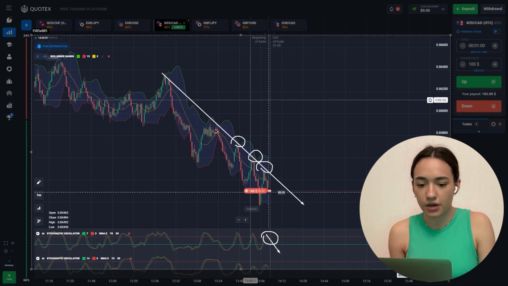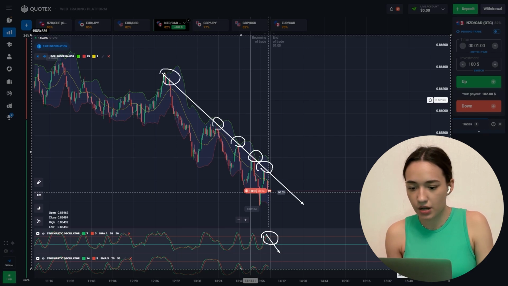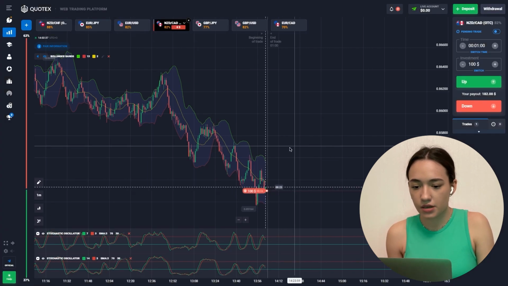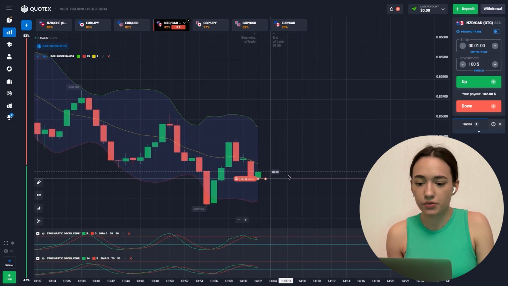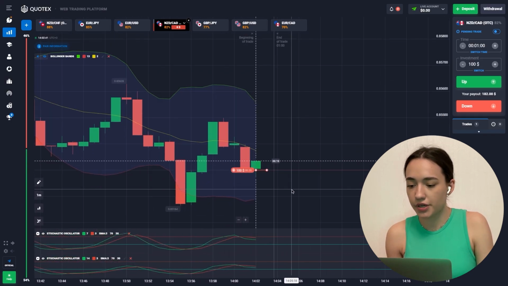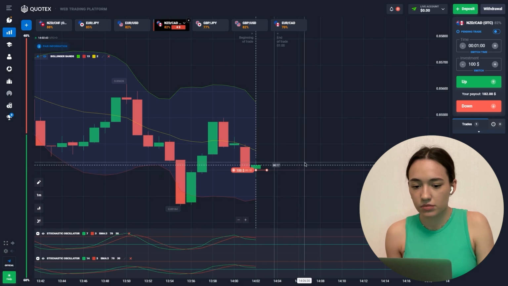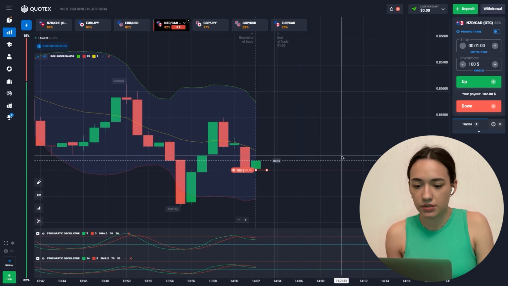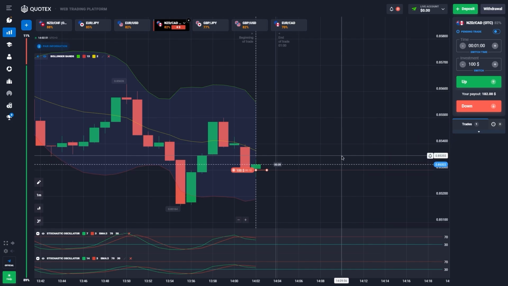All points of the touching are respected here. The local high was updated, and after that correction, the dynamic of movement must go down. That's why we open the deal to lower here. I guess the exit may be in the end, so let's watch for the dynamic of the movement.